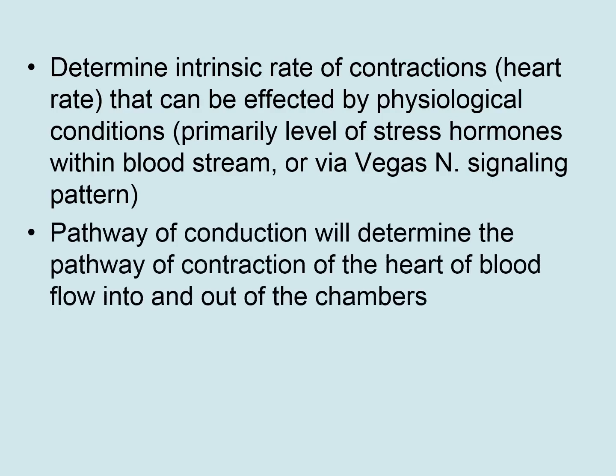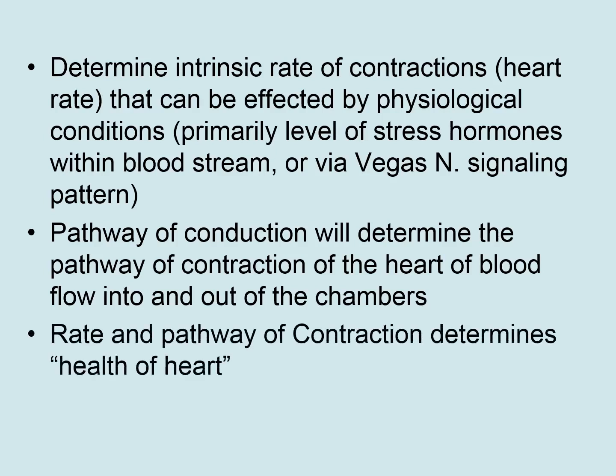The pathway of conduction will determine the path of contraction through the heart based off of the spread of depolarization along the conductive pathway. The rate of depolarization and the rate of passage through the pathway will determine the rate of contractions and the overall heart rate of the individual.